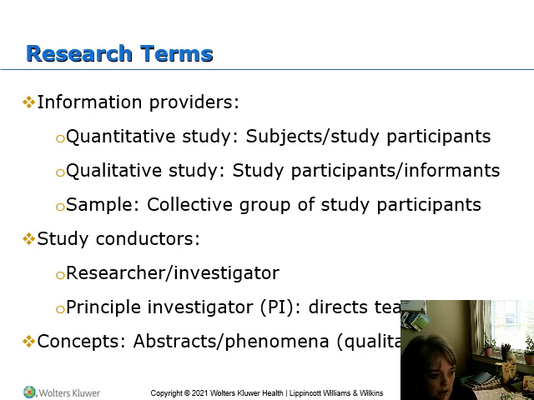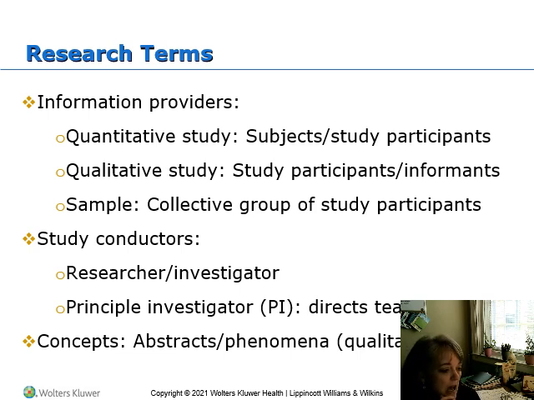of study participants. Study conductors may be called researchers or investigators, but one specific researcher is typically the principal investigator, and that principal investigator is responsible for bringing together the research team, providing guidance so that the research study is done congruently and the same start to finish, because that is what is going to ensure a good research study.